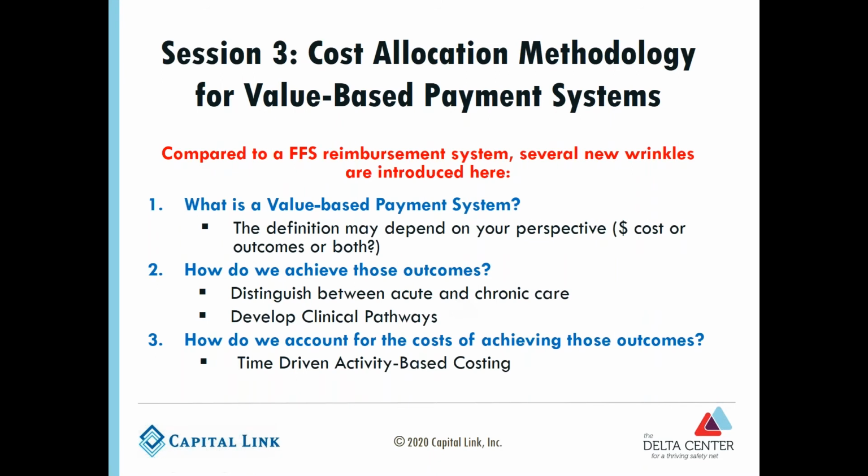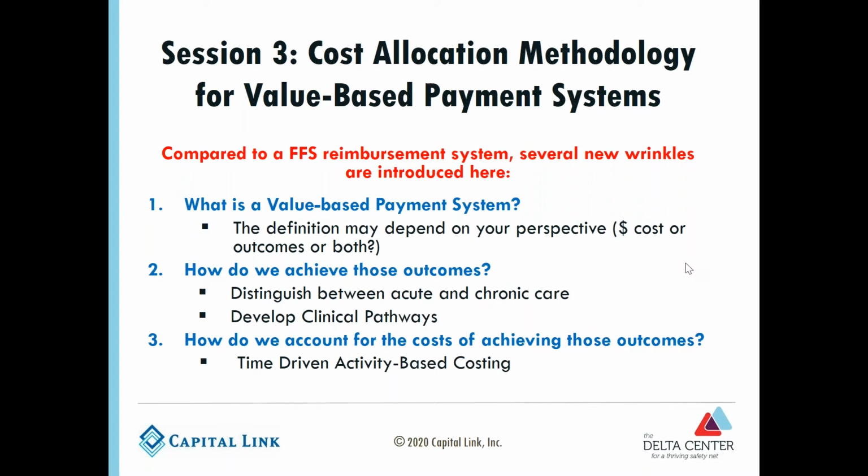So today we're going to talk about some different things. Some of it is the value-based payment system. The definition is going to be different depending upon where you are. Every state has different rules. Every payer has different rules. We're going to talk generally about what we mean by a value-based payment system. We're going to talk a little bit about how to achieve these outcomes, distinguish between acute care and chronic care, and develop what we call clinical pathways, which are essentially treatment plans.